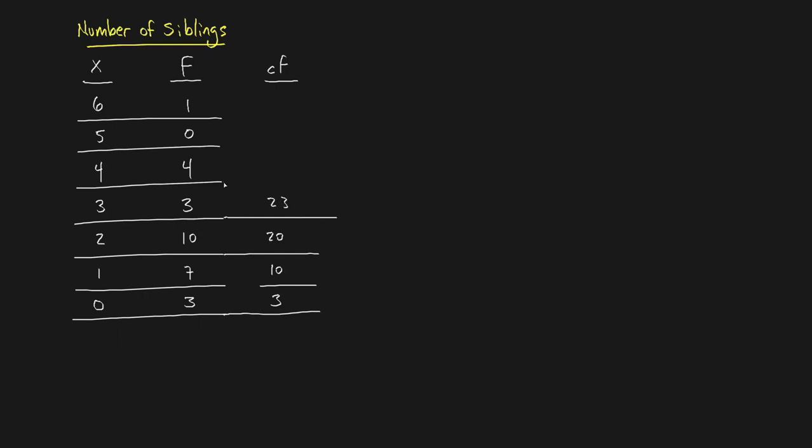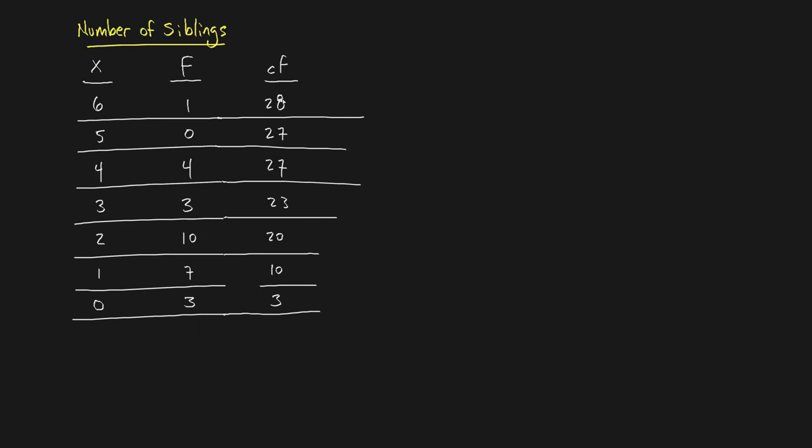That brings me to 23. Then add the next 4 in, so that's 27. This category had nobody reporting that they had 5 siblings, and so that doesn't add anything, and it leaves me at 27. And then finally, when I get to my highest category, there's 1 person that said that they had 6 siblings. We add that to the accumulated total so far, and I get 28.